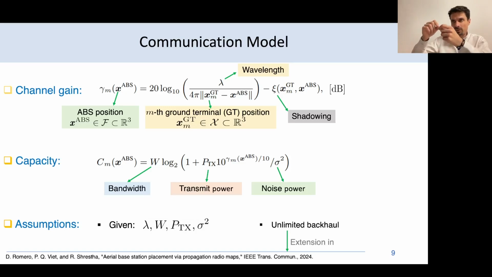So the communication between the UAVs and the ground terminals is limited by the channel in that link and not by the channel in the backhaul, right? This is, of course, a simplification for the sake of the presentation, but the case where the backhaul can be limited is addressed in our journal paper as well.